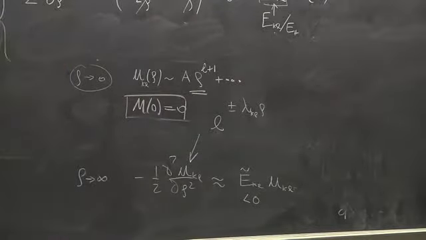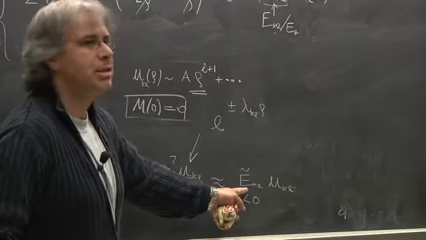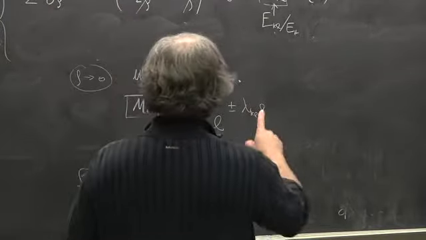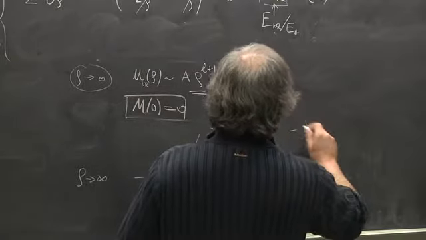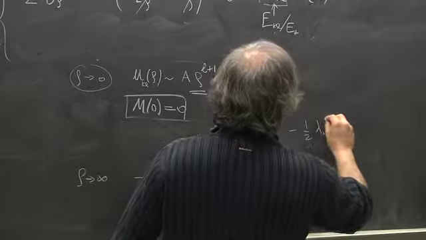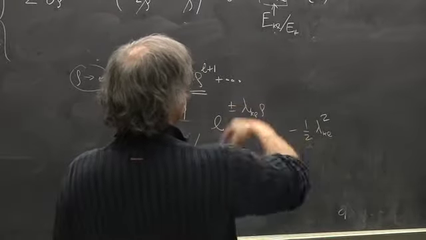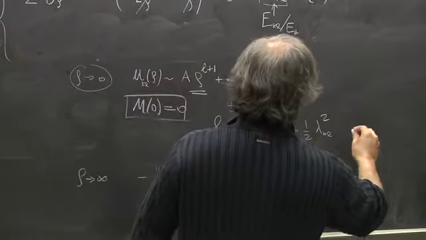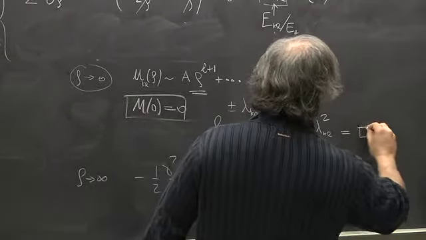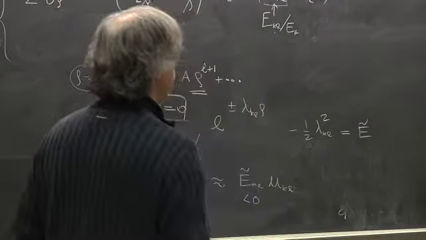What is lambda? How is lambda related to E tilde? Well, simple. Take the second derivative. The second derivative is minus 1/2 lambda square, when you take the second derivative, times the same function, and this should exactly equate E tilde. Okay?